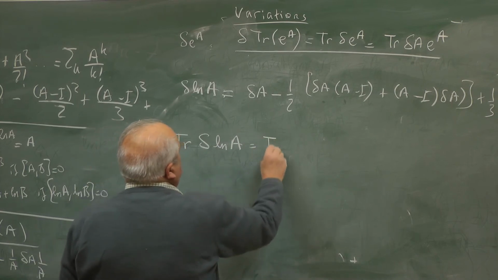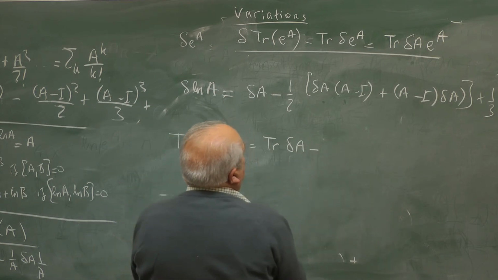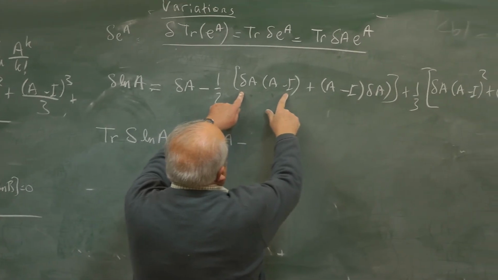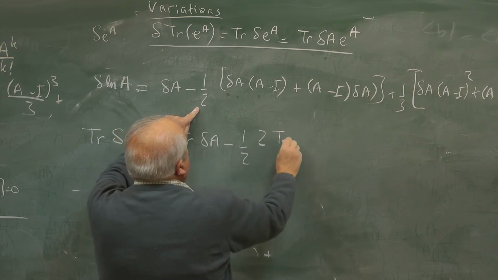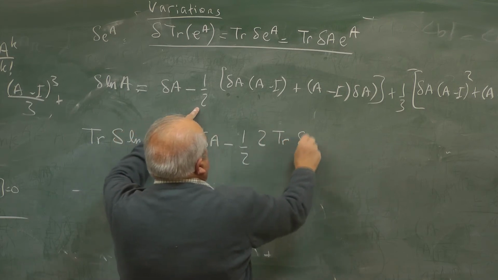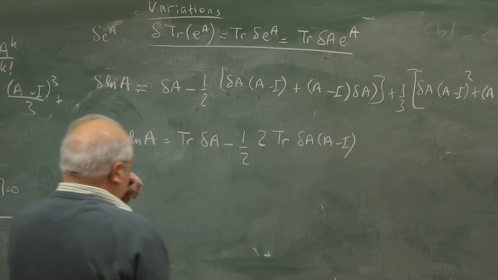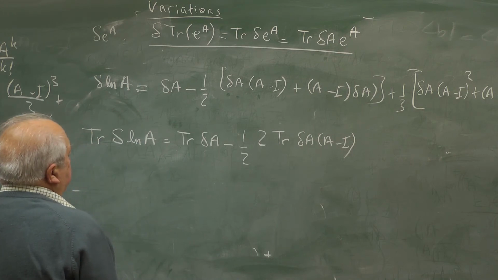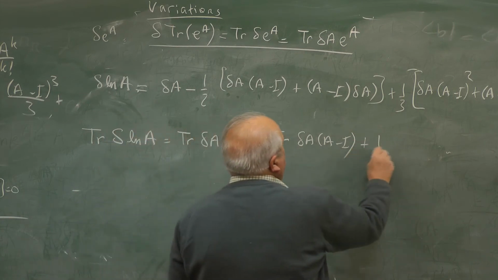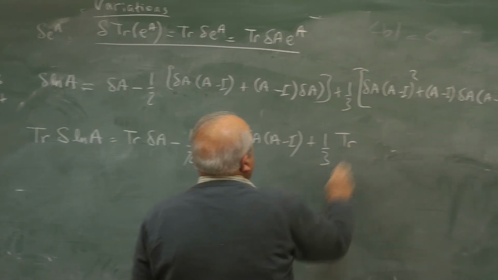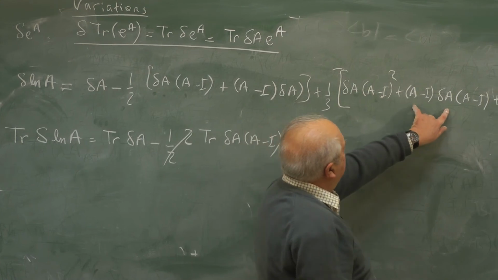So let's do it. Trace delta A minus 1/2. Now, under the trace, I can write like this: 1/2, 2 times the trace of delta A minus I, plus 1 over 3 trace of, now trace of this and trace of that.